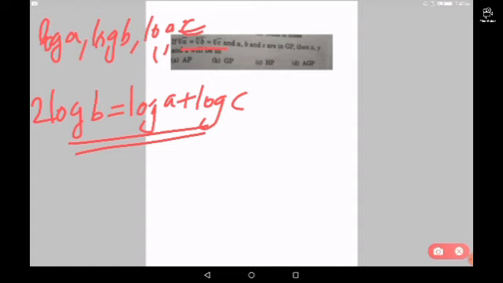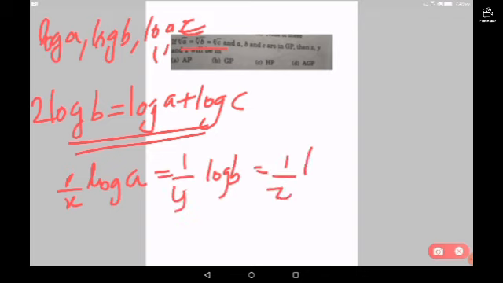So taking logarithm throughout this equality, we will get 1 by x log a is equal to 1 by y log b is equal to 1 by z log c, and let this be k.